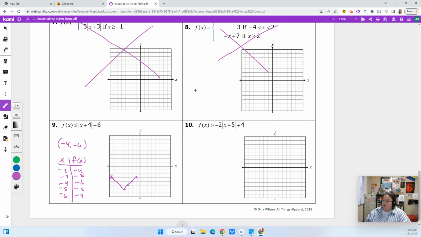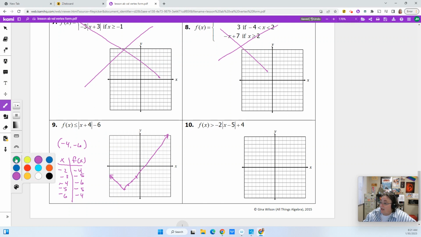But what it also says is that f of x is less than or equal to the absolute value of x plus 4 minus 6, which means that, say we extended this arrow, and please don't by any means think this is going to be a very accurate drawing, although that's probably the straightest line I've ever made on this thing.